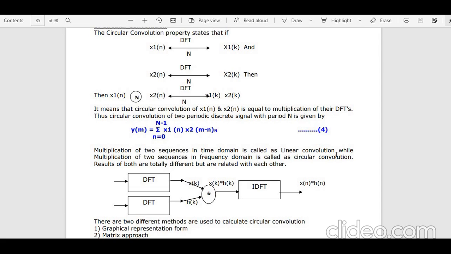Whereas if you multiply the two sequences in the frequency domain, then that is considered circular convolution. So the difference between these two is that one is done in the time domain, another in the frequency domain. When we are doing it in the time domain, it is linear convolution. When you're doing it in the frequency domain, it becomes circular convolution.